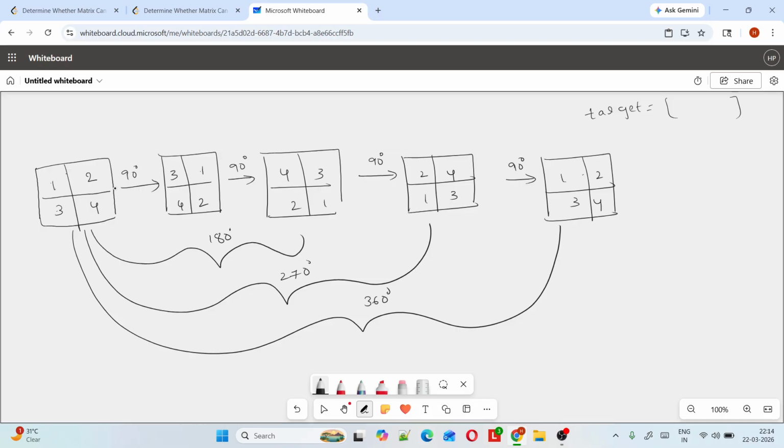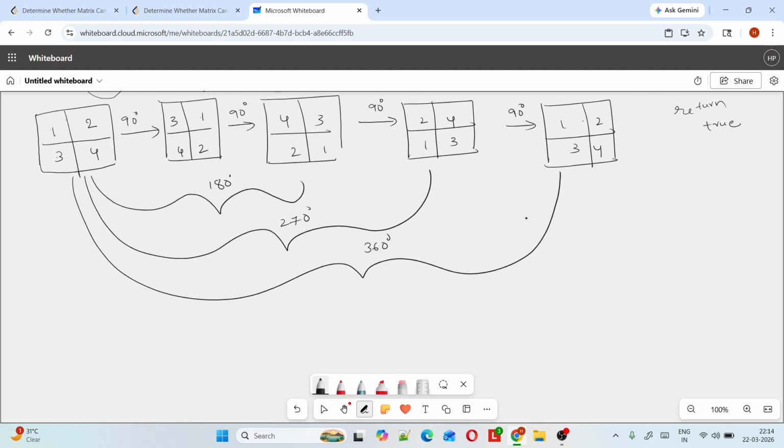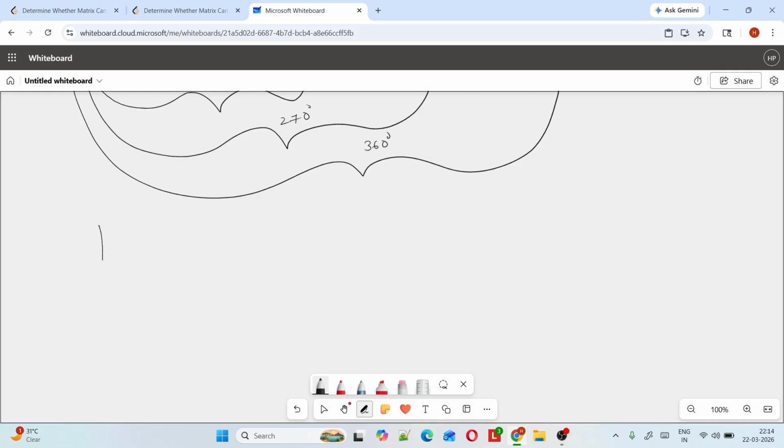Now you have to check whether any one of these matrices is equal to target or not. If it is equal, then you have to return true.